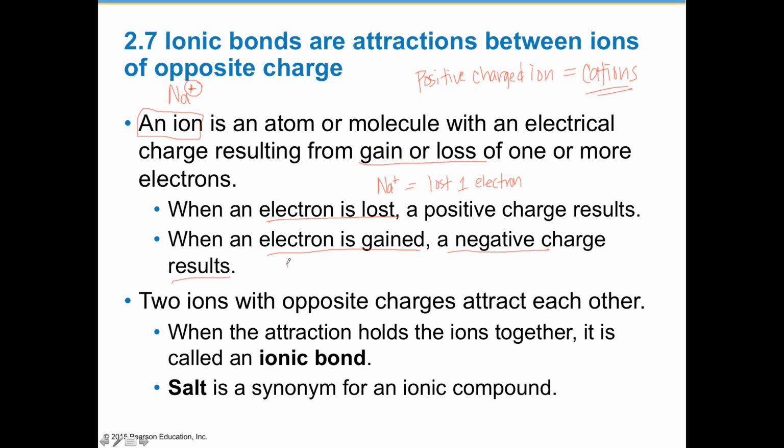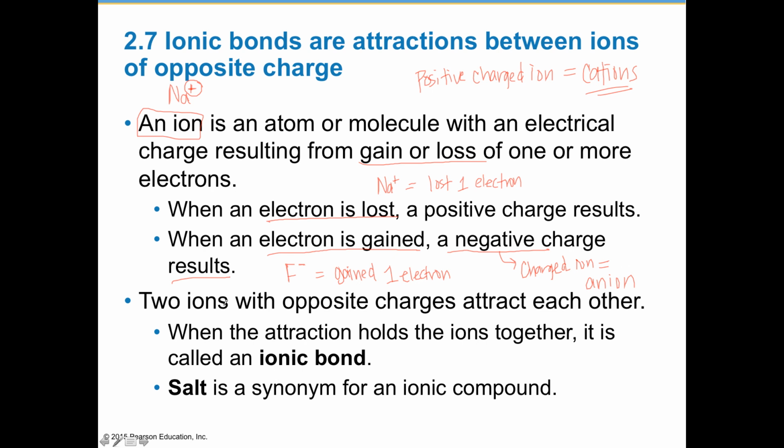So, for instance, F minus gained one electron, and a negatively charged ion is called an anion.